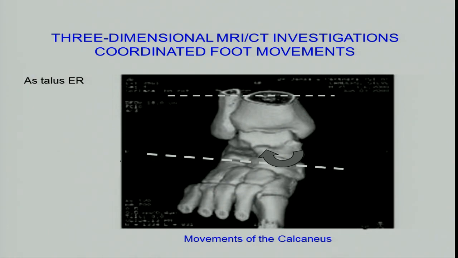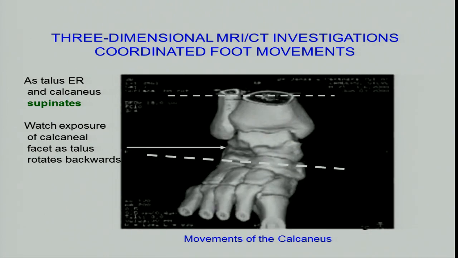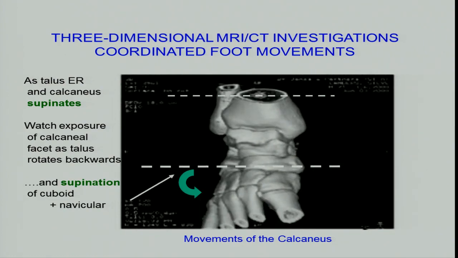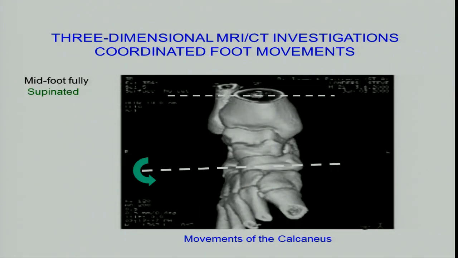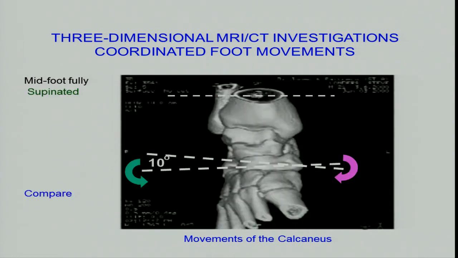Talus is going to externally rotate, and the midfoot supinate. The calcaneal facet would be exposed as the talus rotates backwards. Anyway, if you have this, you can all play with it hours on end.